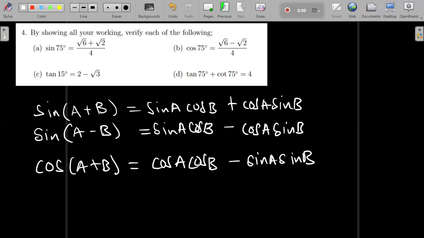What about the double angle formula for the tan? Okay, so I think I've mixed up the angles on the cos. Okay, the angles should be the same here. Okay, let me see.